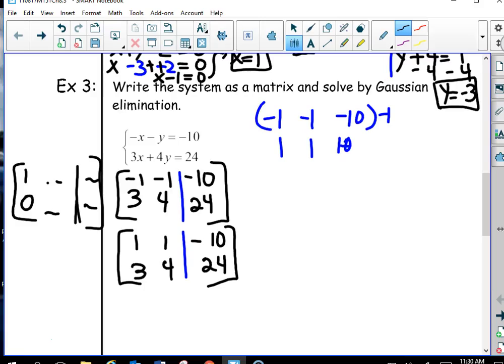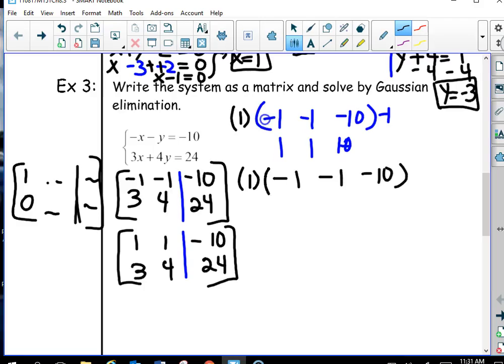Okay, so I'm going to take the row 1 that we started with, and if I multiply row 1 by a 3 and then combine it with row 2, I'll be able to get a 0 in the first column, second row. So -1, -1, -10.